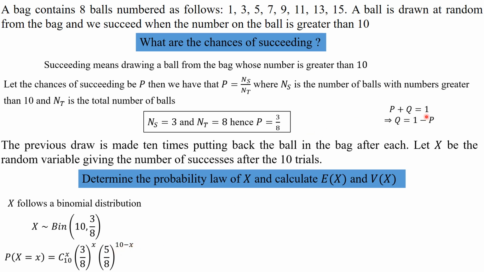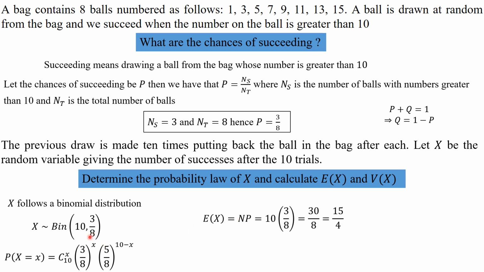We can relate the chances of succeeding with the chances of failing, because you either succeed or you fail. Since the maximum value of probability is 1, p plus q is equal to 1, where q is the chances of failing. So q equals 1 minus p. Since p is 3 on 8, q becomes 1 minus 3 on 8, which is 5 on 8. That's why we find 5 on 8 here. So this is the probability law.